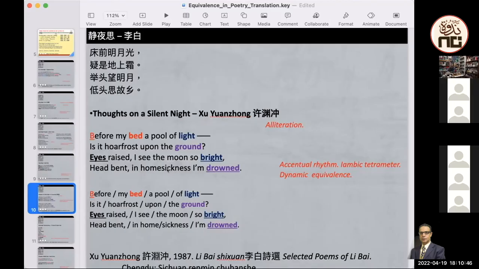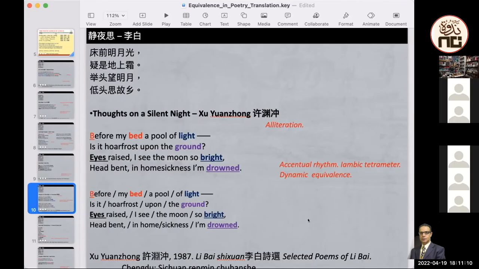But now he's following a completely different approach, different methods. If we read it: before my bed, a pool of light. Is it hoar frost upon the ground? Eyes raised, I see the moon so bright. Head bent in homesickness, I'm drowned.